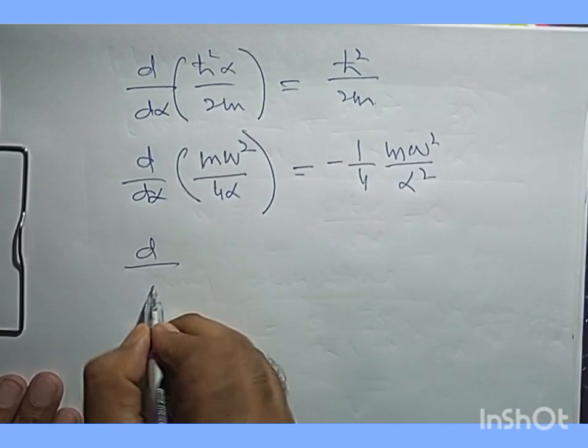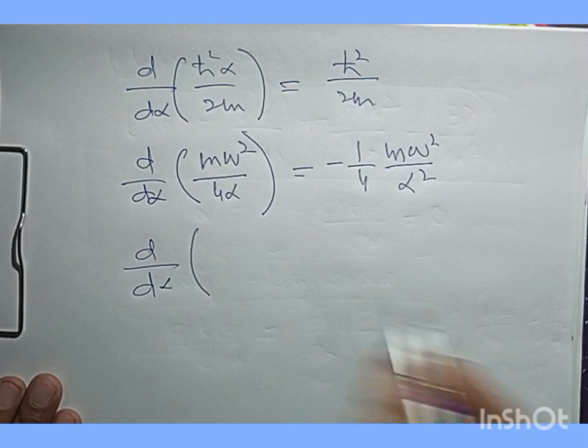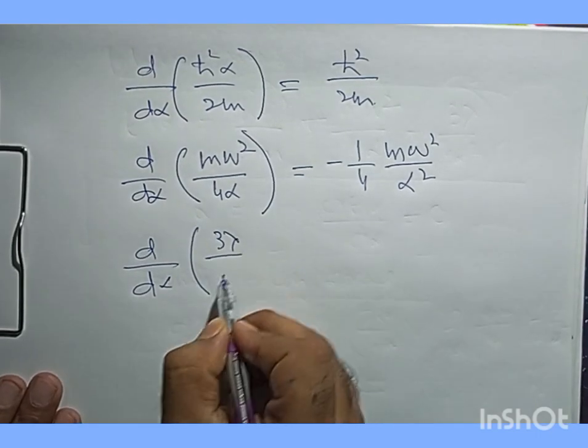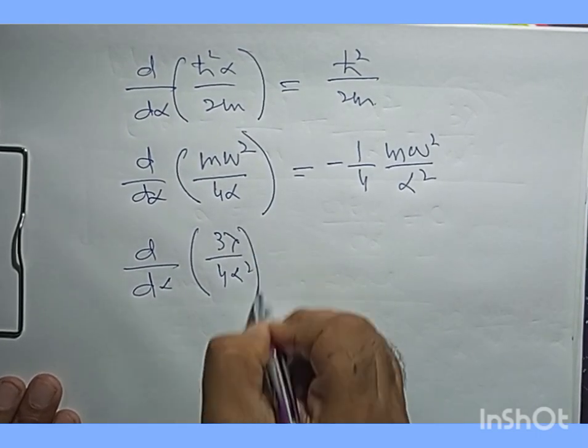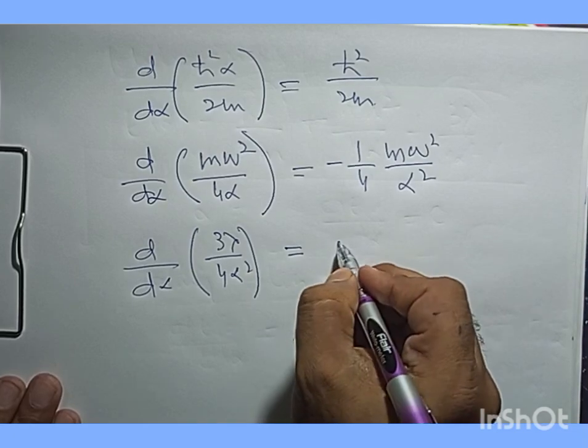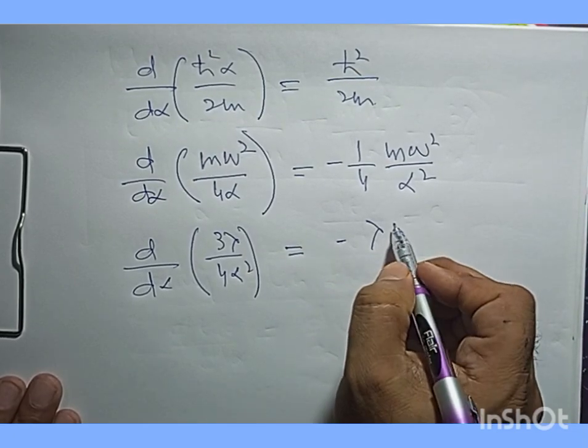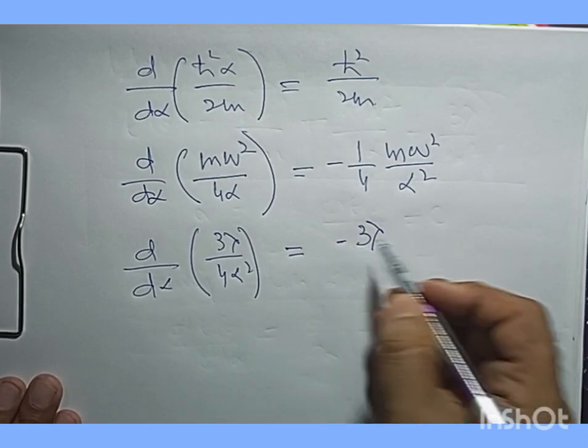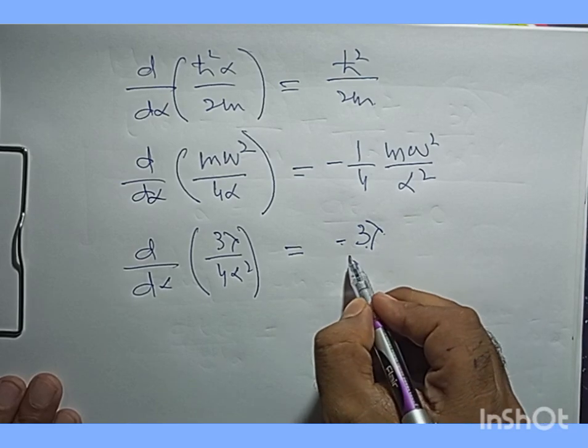And we have the third term here, d by d alpha of 3 lambda by 4 alpha square. This will give me minus 3 lambda over 2 alpha cube.